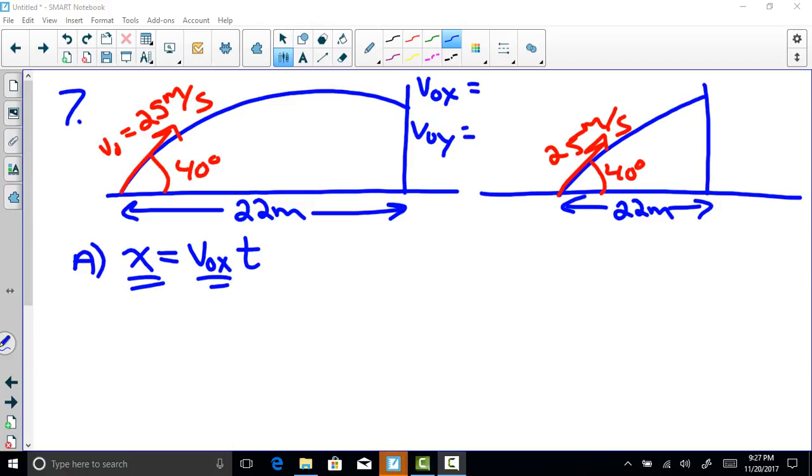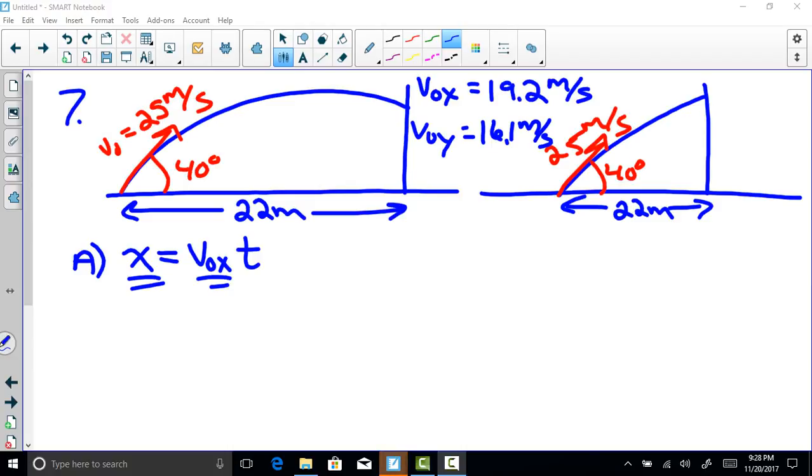I'm going to assume that you know how to do the mathematical calculations. V initial x is v cosine theta, so that comes out to be 19.2, and v initial y is 16.1 meters per second.